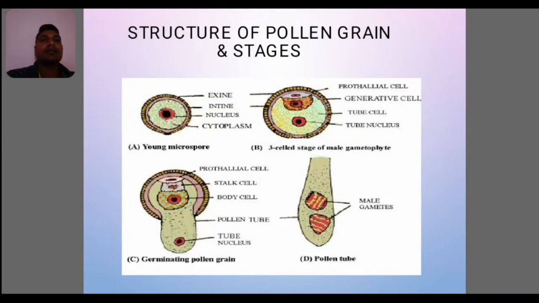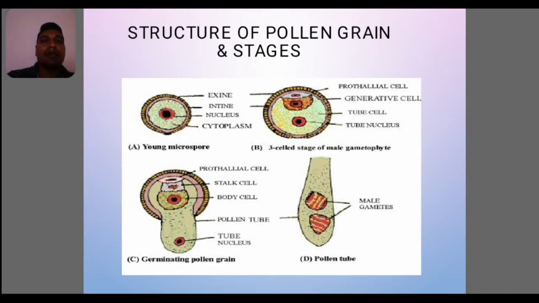Then we come to the structure of the pollen grain and its stages of development or germination. Here we can find the detailed structure of the pollen grain: the outer wall is known as the exine, and the inner wall is known as the intine. It also possesses abundant cytoplasm.